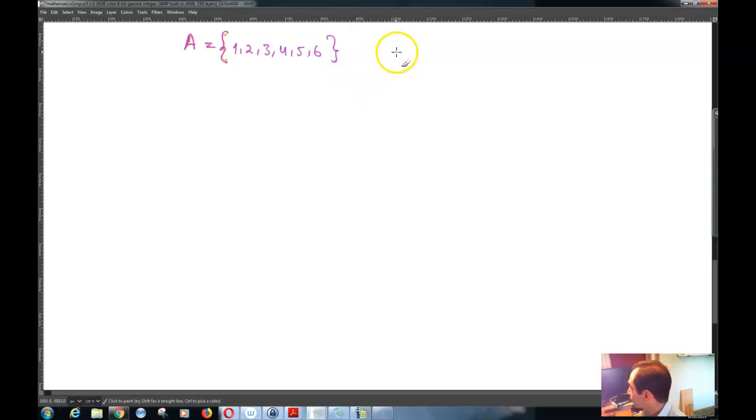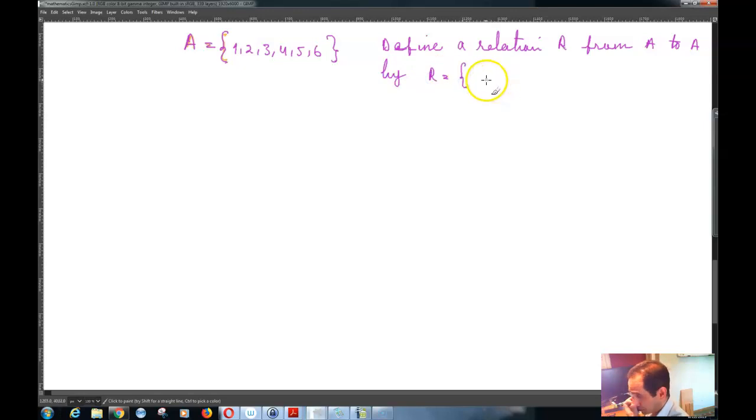And you want to define a relation R from A to A by R is equal to the ordered pairs (x, y) such that y is equal to x plus 1.